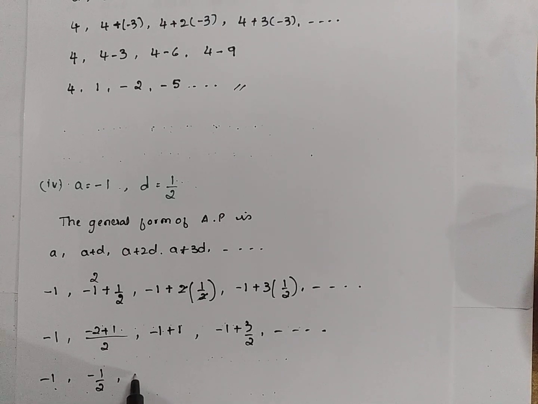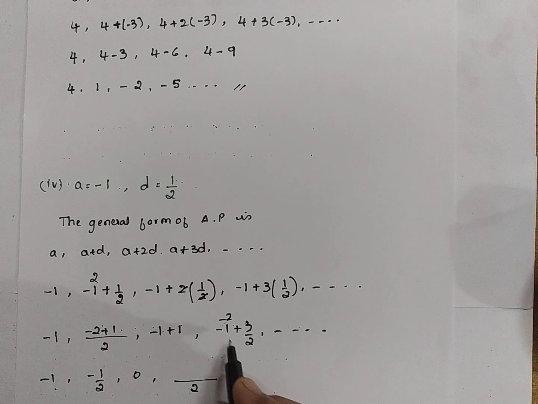Then minus 1 plus 1 is 0. And here again take LCM, that is 2, minus 2 plus 3, over 2, that is 1 by 2. And the last term is 3 by 2.